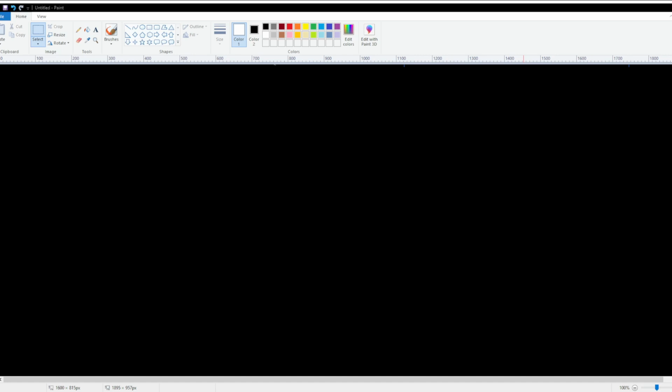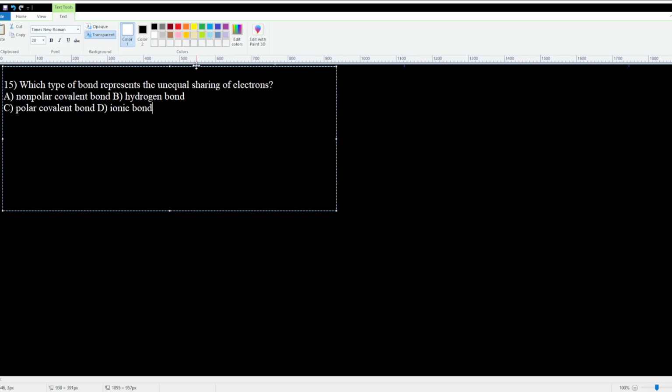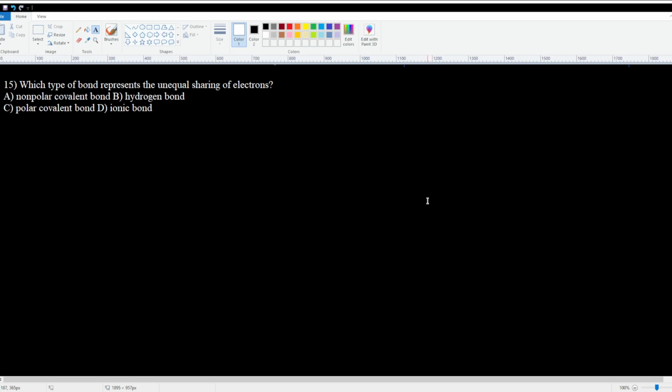So moving on. Question 15 is asking, which type of bond represents the unequal sharing of electrons? A, a nonpolar covalent bond, B, a hydrogen bond, D, ionic bond, or C, polar covalent bond.